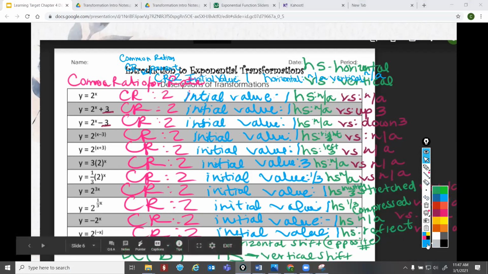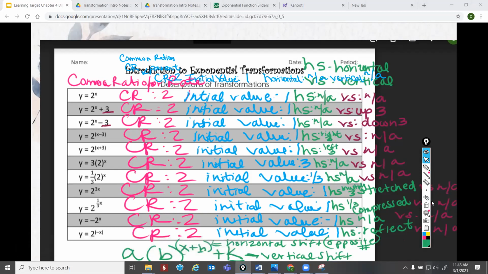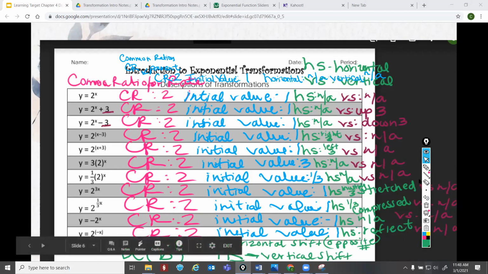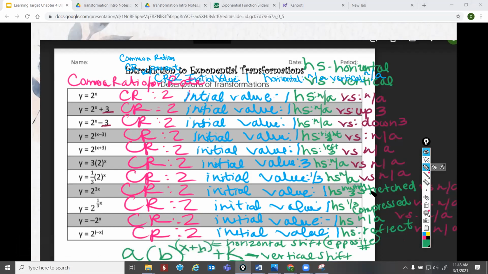I'll fix that real quick. I don't want to mess you guys up, so let me fix it before you get to it. This would be compressed. So instead of putting stretch for this one, put compressed, just swap the names. For this one, put stretched.